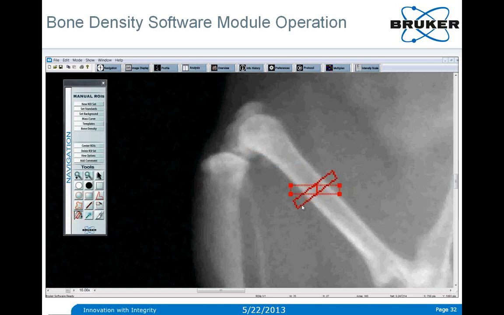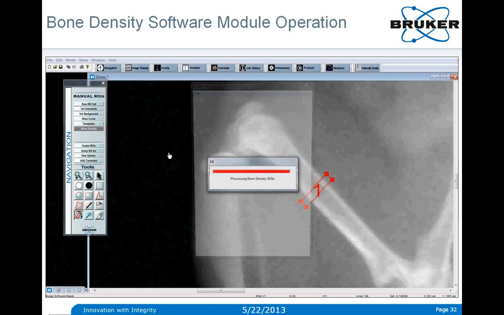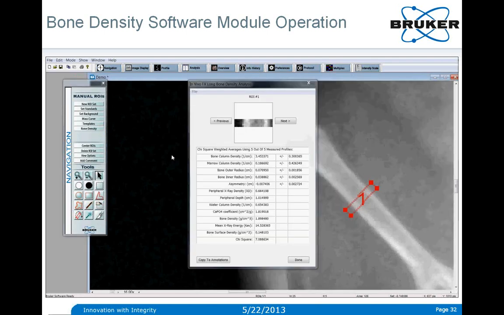We select the ROI rotation tool and want to adjust that rectangle so it's perpendicular to a cylindrical region of the bone. Noticing we have overhangs. Finally, we select bone density, and our output is located here.